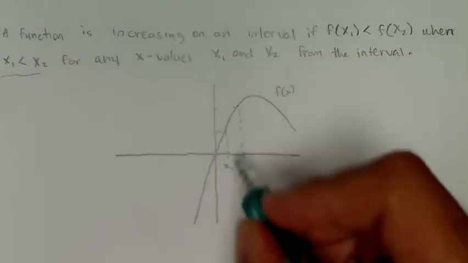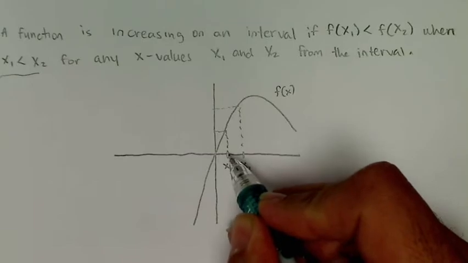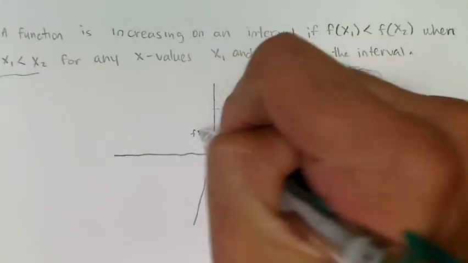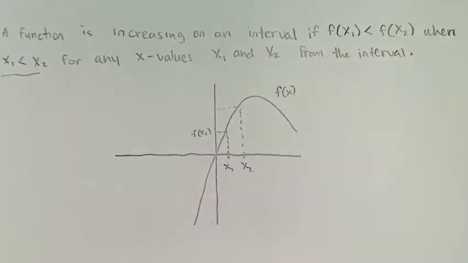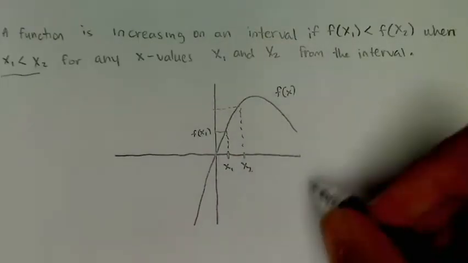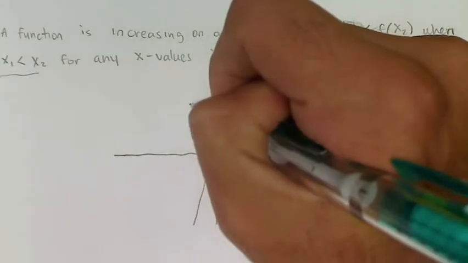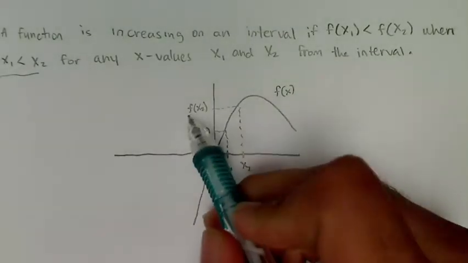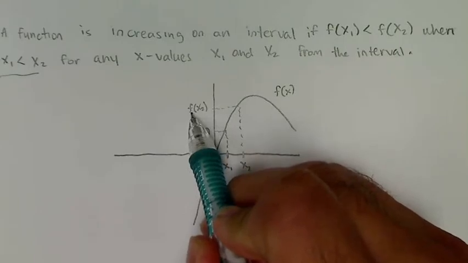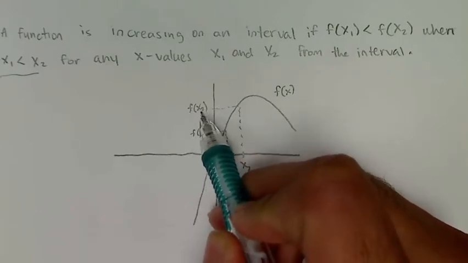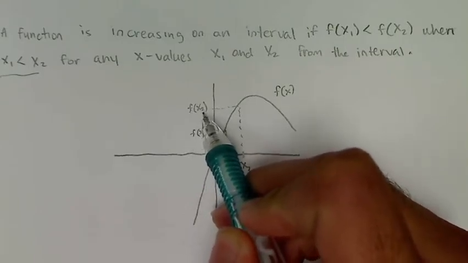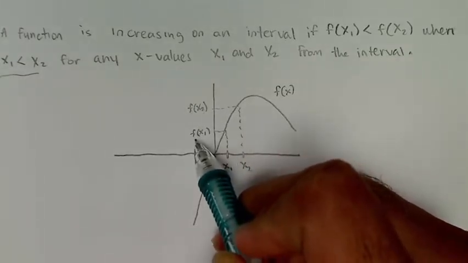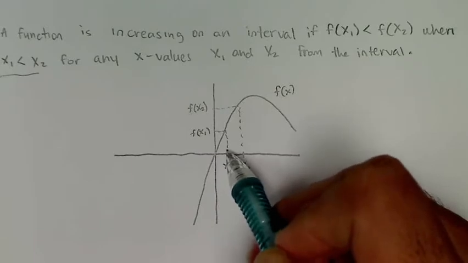The corresponding y value of this first x value, x1, we'll call f of x1, and x2 is going to have a corresponding y value, let's call it f of x2. So that's the output when at x sub 2, and this is the output at x sub 1.